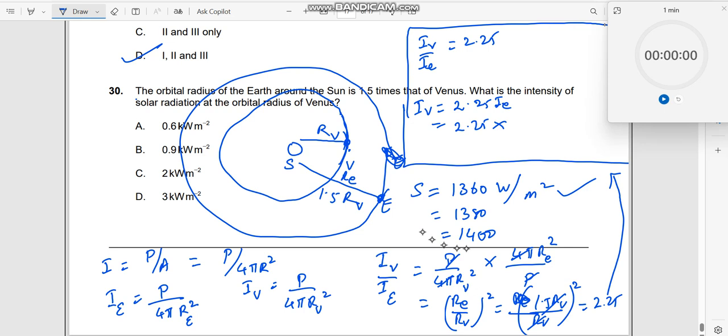IE, I already told you, is your solar constant, which is 1360. When I multiply, I get the answer as 3060 watt per meter square, or nearly 3 kilowatt per square meter. Which is the right option? Option D is the right option. Thus we have found the intensity of the sun rays falling on Venus.